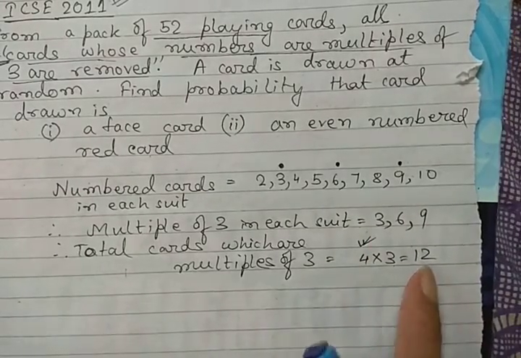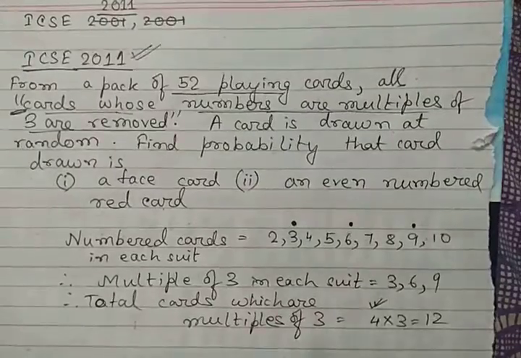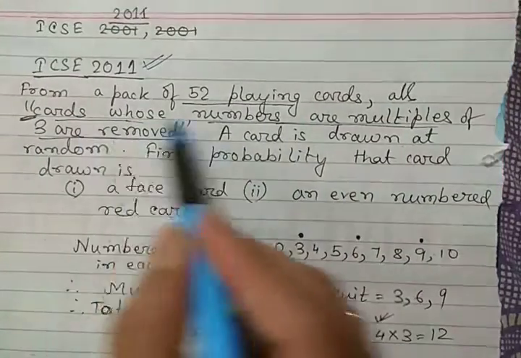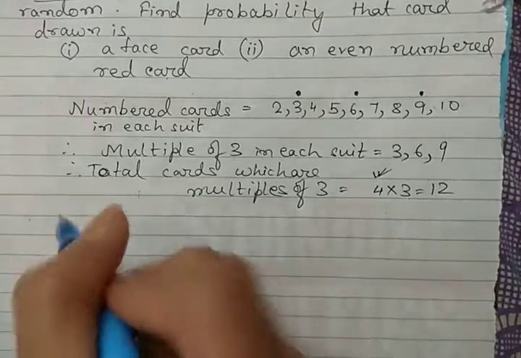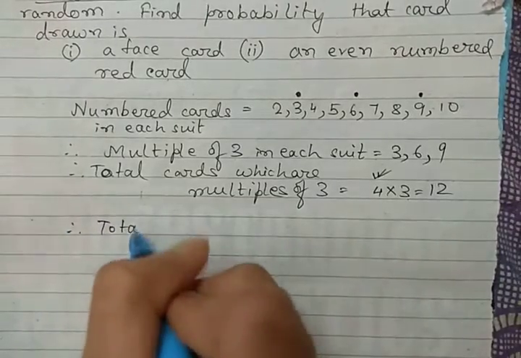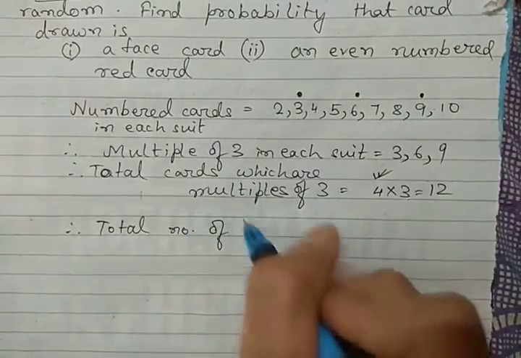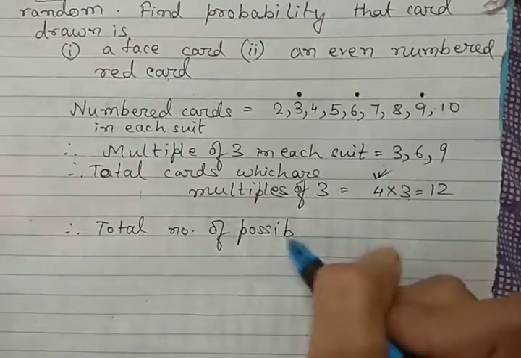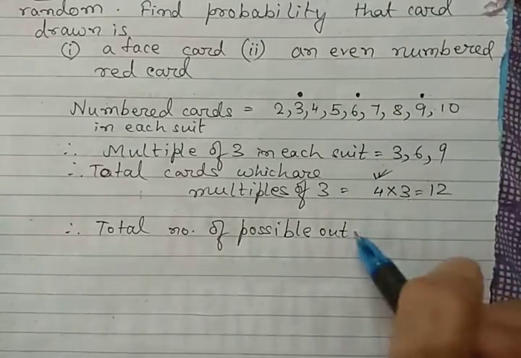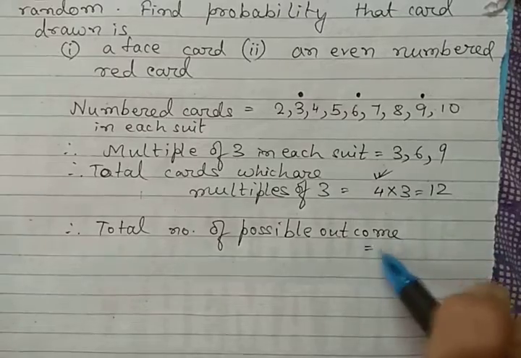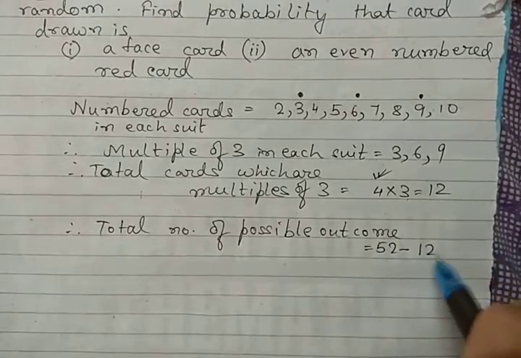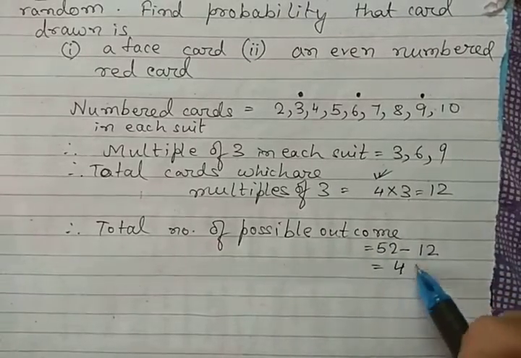So in 4 suits there will be 12 cards which are multiples of 3. Now according to the instruction, all those cards were removed. So what is the total number of possible outcomes? It is 52 minus 12, which equals 40.